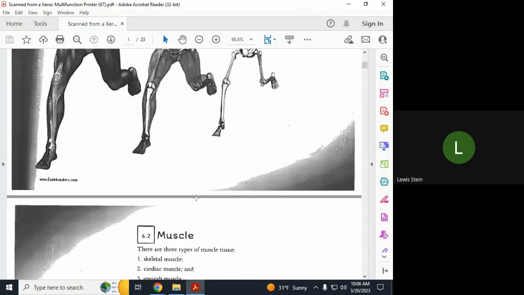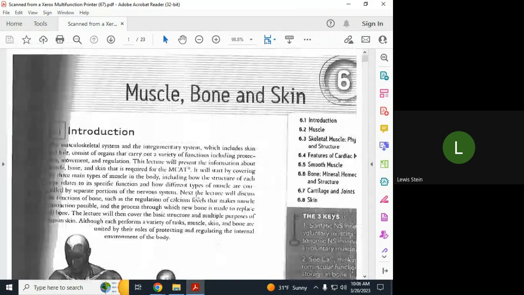So basically, the unit itself involves muscle, bone, and skin. It's the very last in that Exam Crackers text that both Dr. Hilwig and I use because it's got a lot of good information. This is kind of the last unit. Again, we're probably going to see more about respiratory.